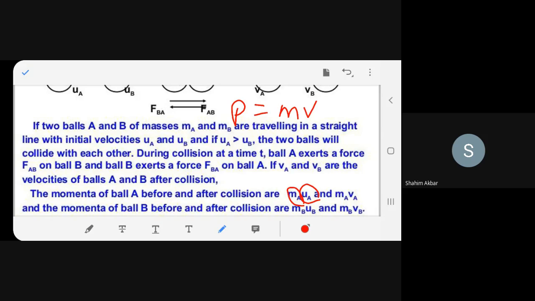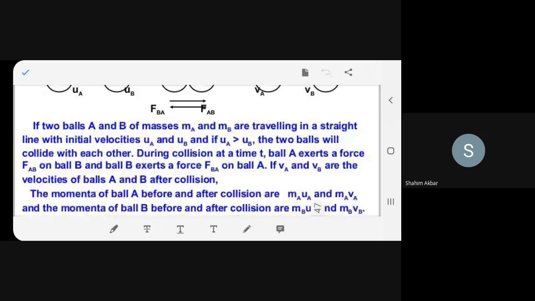So obviously what are we going to do? We have to add the initial velocity before collision and the final velocity after collision. Is it clear? And the momenta of ball B before and after collision are MBUB and MBVB. You should understand what is written over here.